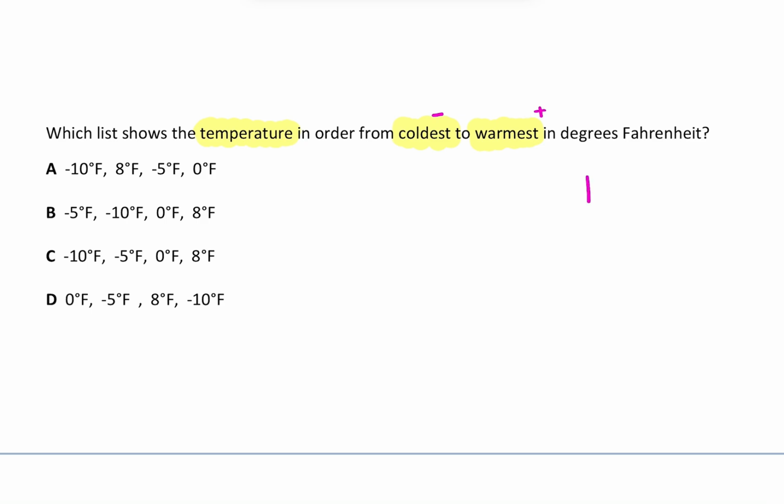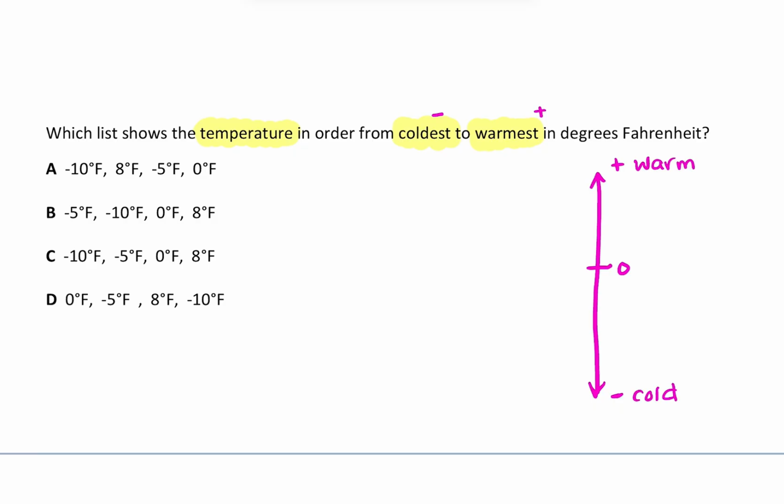In temperature, I usually try to think of a vertical number line, okay? So if zero's here, my positives are up here, my negatives are down here. So that can kind of help you think. My warm numbers are up here, my cold are down here, okay?